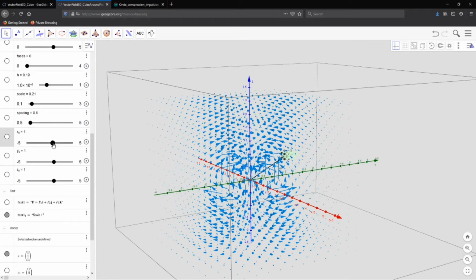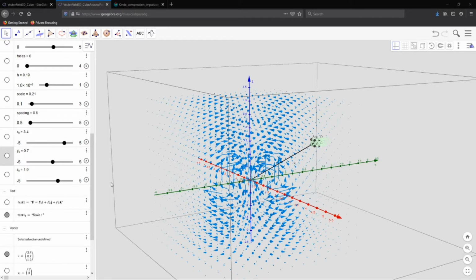This point R could really be any point inside the vector field. So it's this power that we have, that this equation has to be valid at every single point in the vector field.